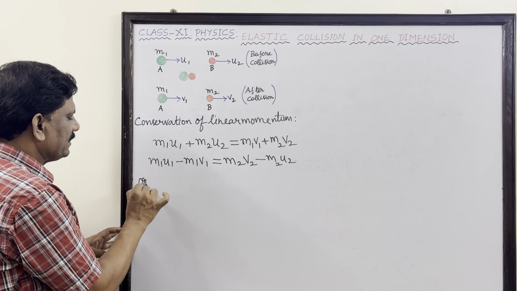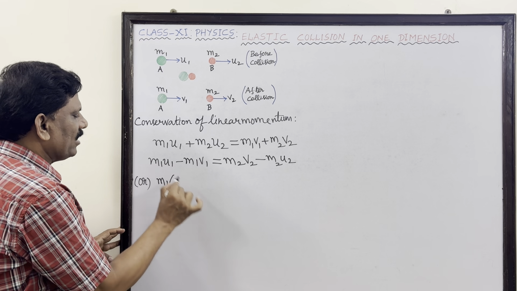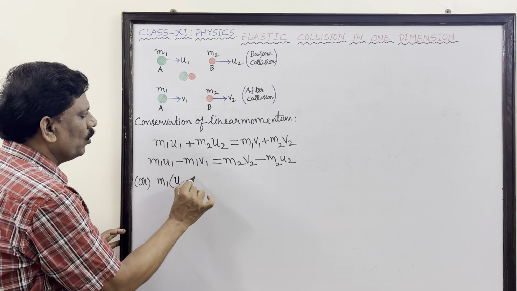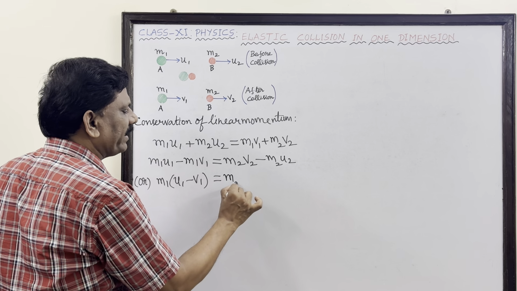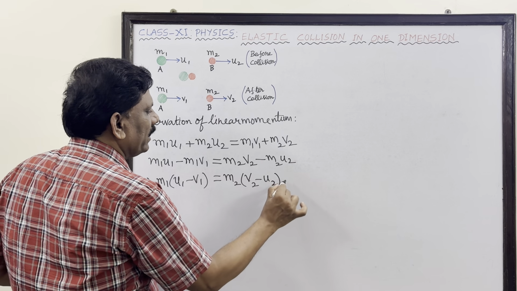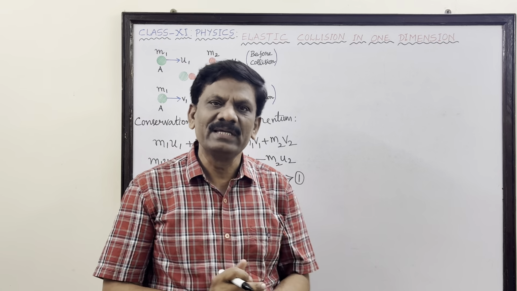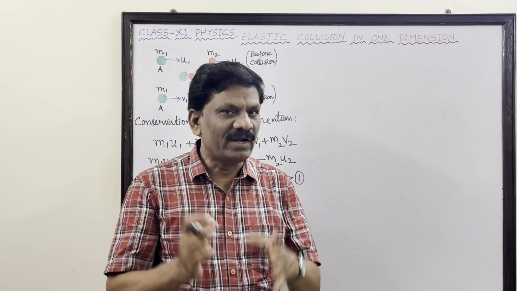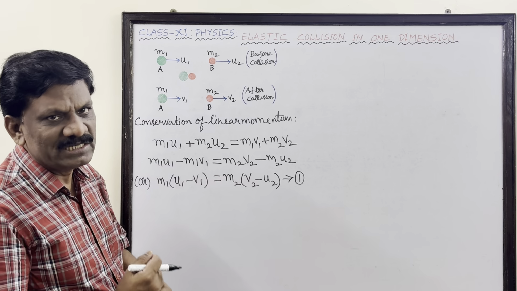So I can write the same equation as m1 into (u1 minus v1) equal to m2 into (v2 minus u2), and I call this equation 1. Equation 1 is derived on the basis of the law of conservation of linear momentum.